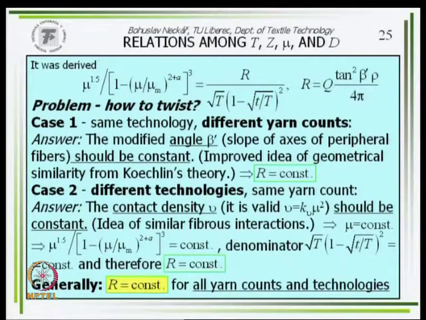Understandable? For suitable twist we want packing density constant, so the whole left-hand side of our equation is constant. The denominator, because all yarn counts are the same, is constant too. And because this is an equivalency, therefore R must be constant also. So R is constant. In both cases, which are quite different, we obtain the same result. R should be constant.